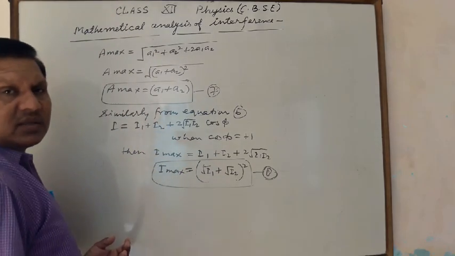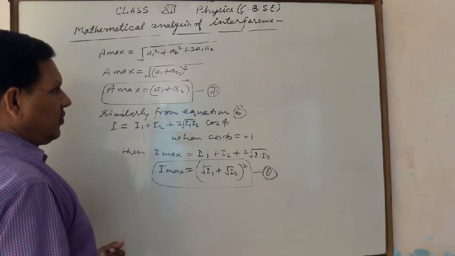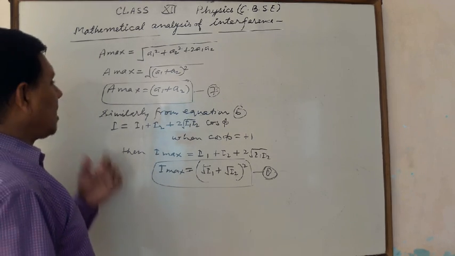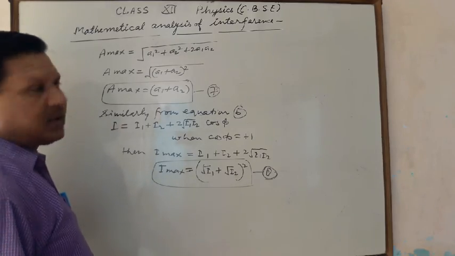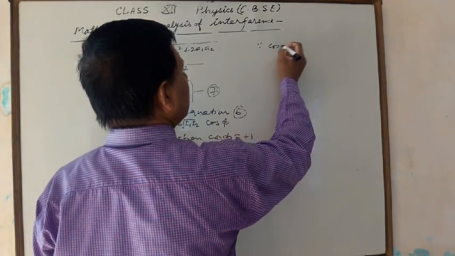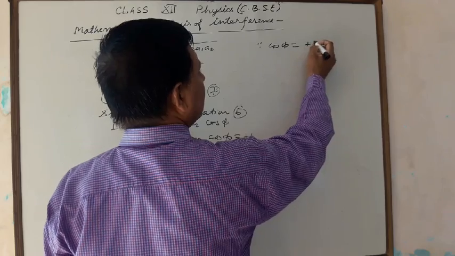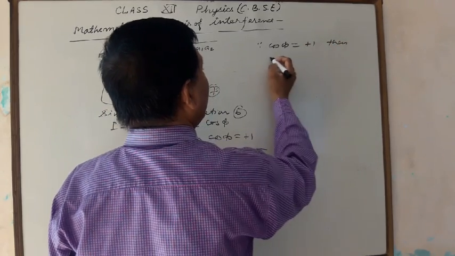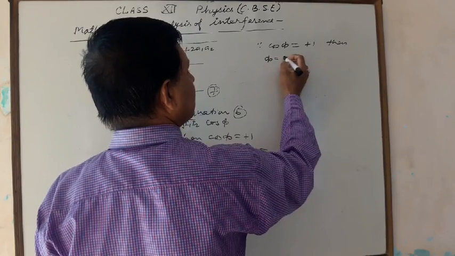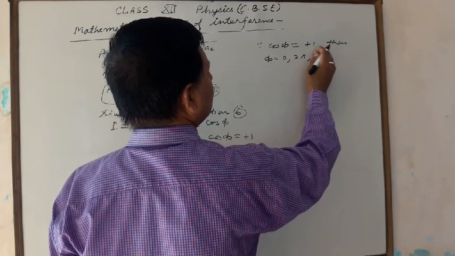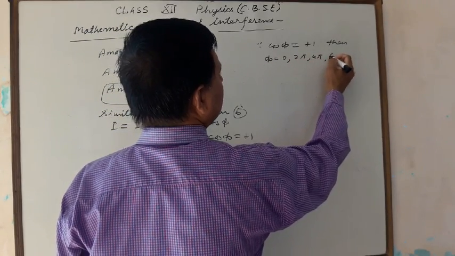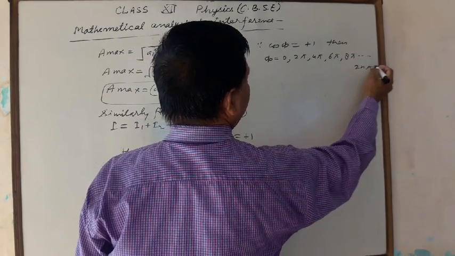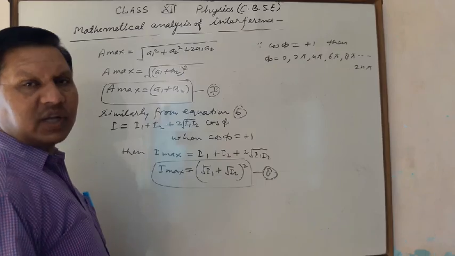Here we see that putting the value of cos phi is equal to 1, we find that the amplitude and intensity of the resultant wave become maximum. Since cos phi is equal to plus 1, then phi is equal to 0, 2 pi, 4 pi, 6 pi, 8 pi and so forth, that is 2n pi, where n is equal to 0, 1, 2, 3, 4.